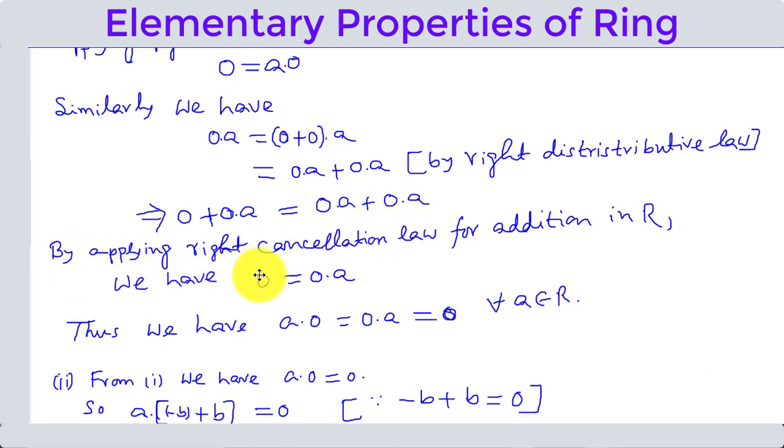Again, by applying right cancellation law for addition in R, we have 0 is equal to 0 dot a. Here 0 dot a and here 0 dot a are cancelled by right cancellation law in the group R plus. Thus we have a dot 0 is equal to 0 dot a is equal to 0 for all a belongs to R, which proves the first part.